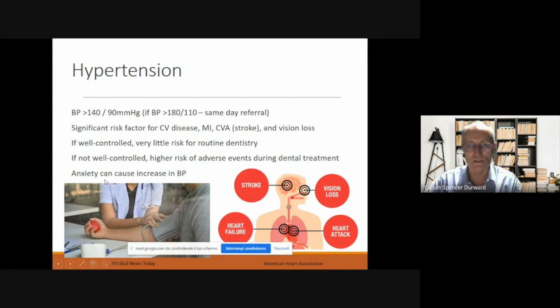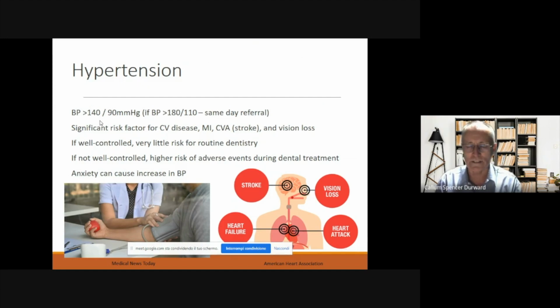Let's look at hypertension first. Hypertension is defined as being where the blood pressure is more than 140/90. If the blood pressure is over 180/110, then they need urgent referral to their medical practitioner.